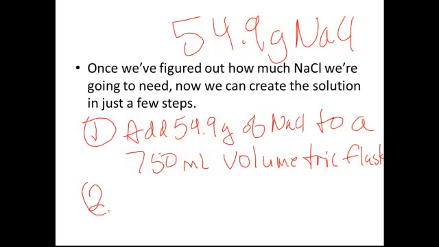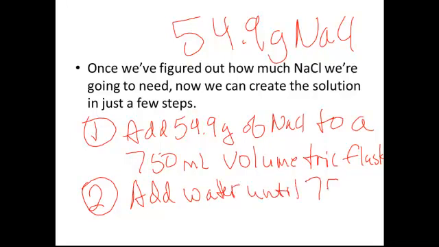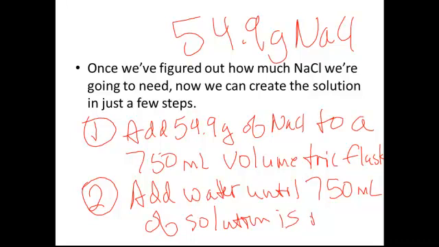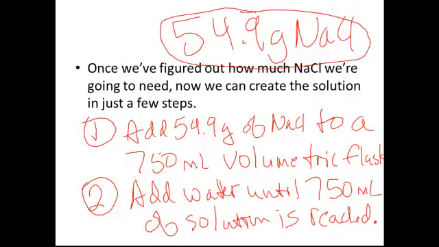Step number 2, we're going to add water until 750 milliliters of solution is reached. Now you'll notice that I did not say that we add 750 milliliters of water, because remember, some of this sodium chloride is going to take up some of that space.